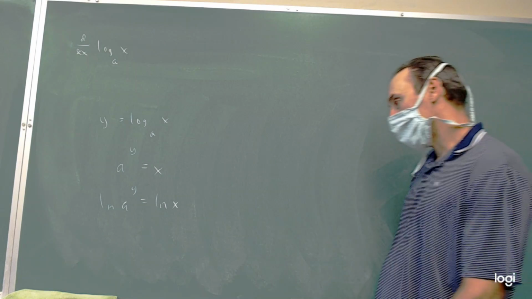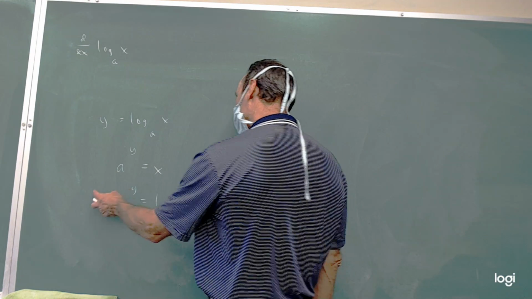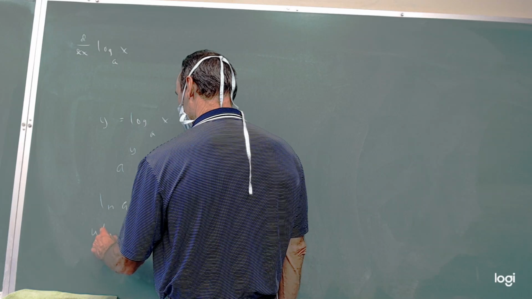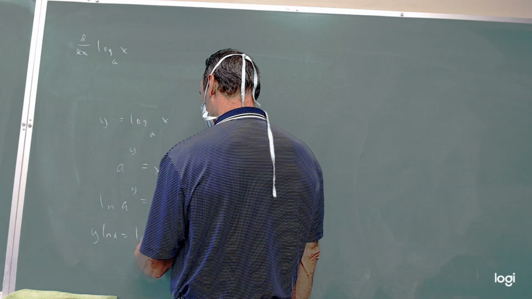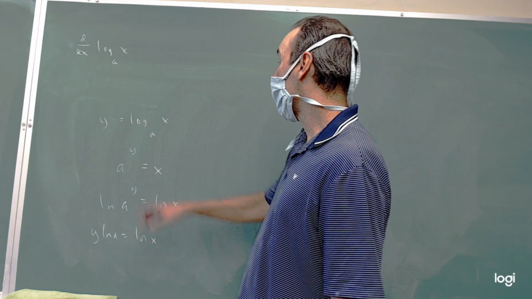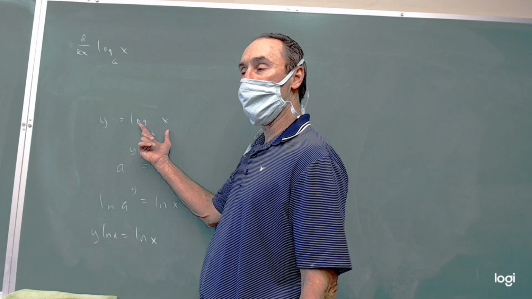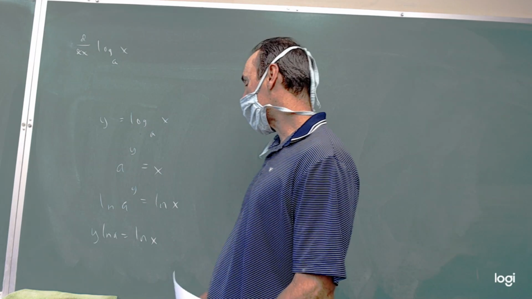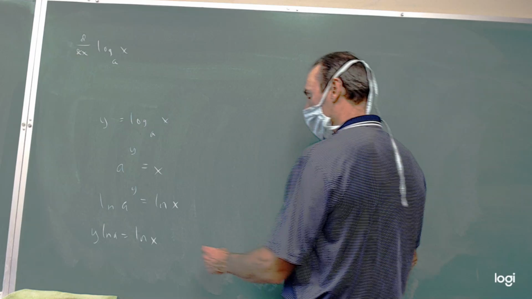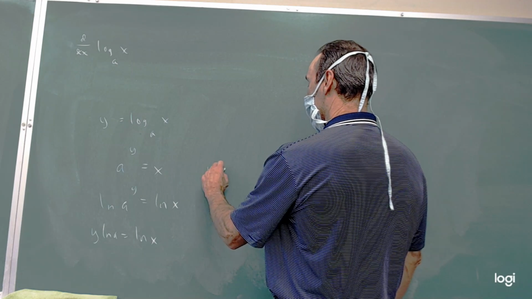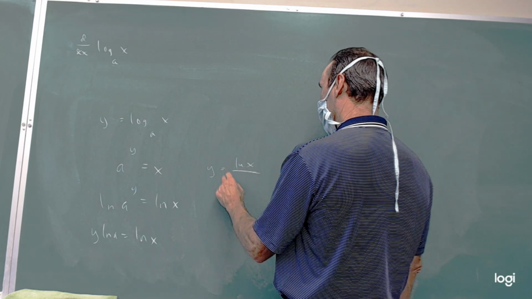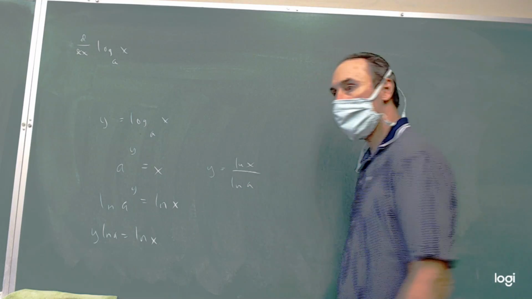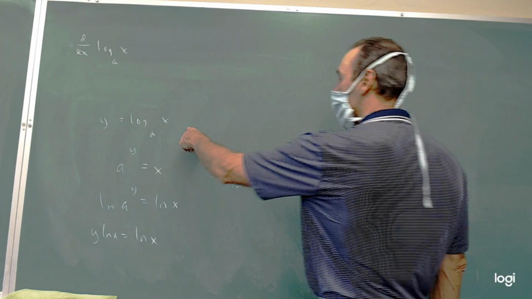Then we use that property of logarithms to bring that y out in front. So that y was our original log base a of x. So we're going to go back and get that by itself. So we'll divide that natural log a to the other side. And so that's our conversion.